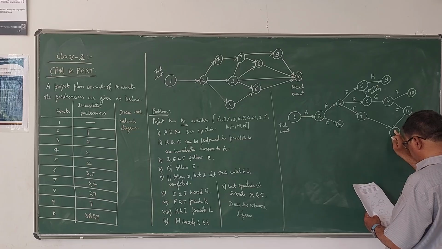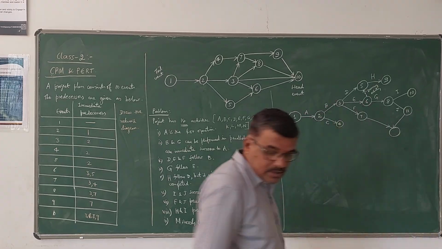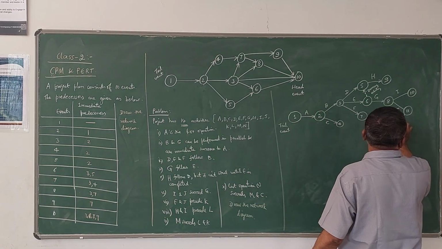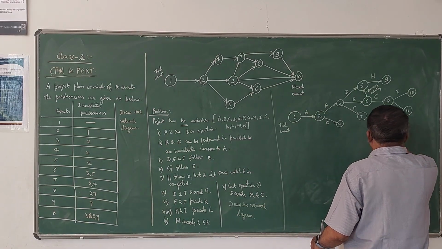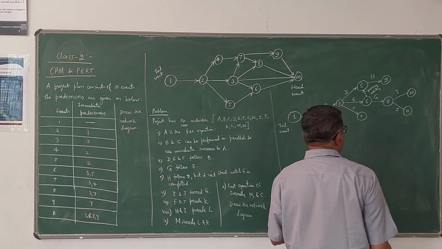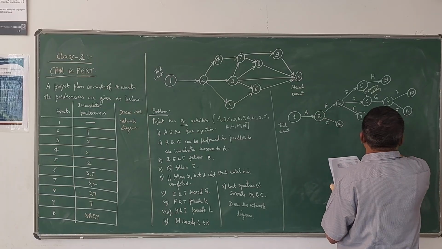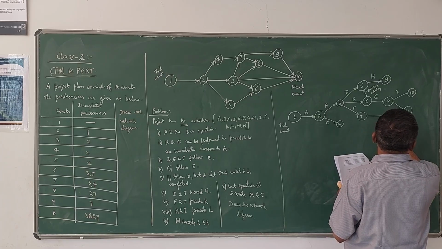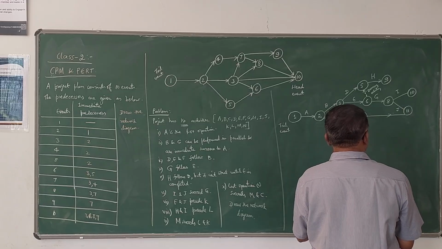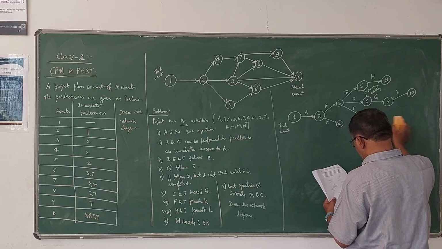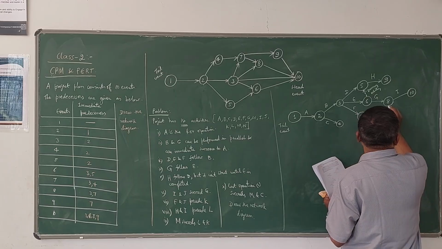K should come after F and J. F and J are here. No, not that way. We will take it like this. F is here, and we will take J here like this.